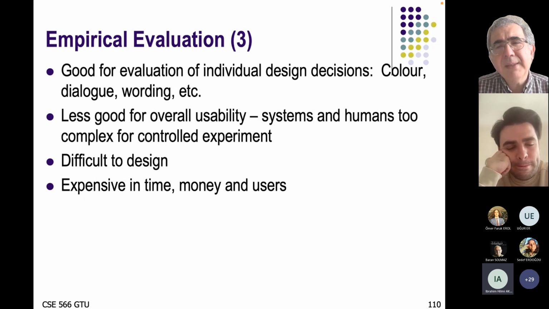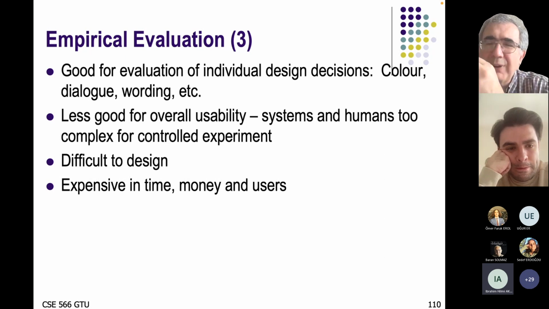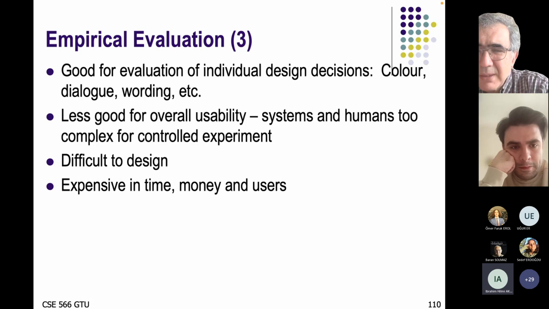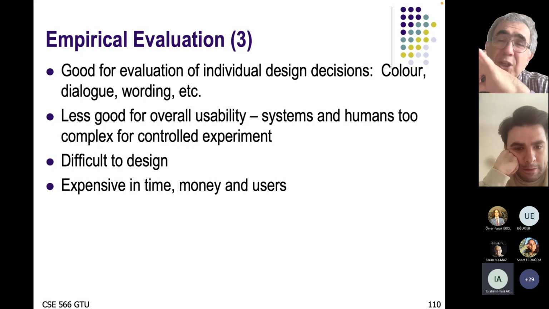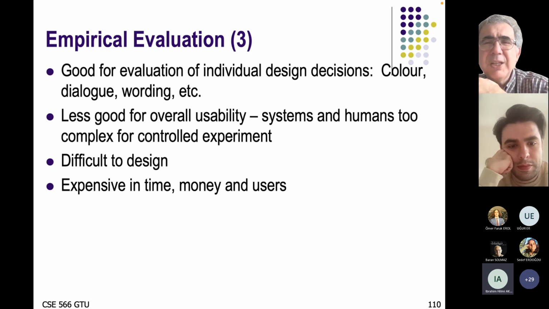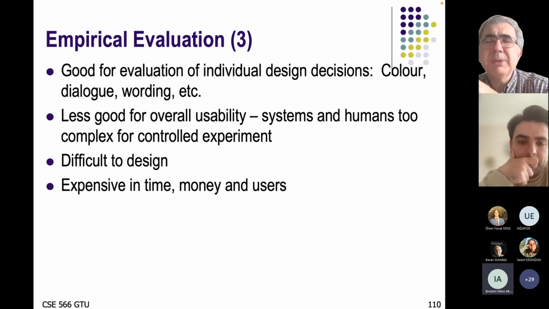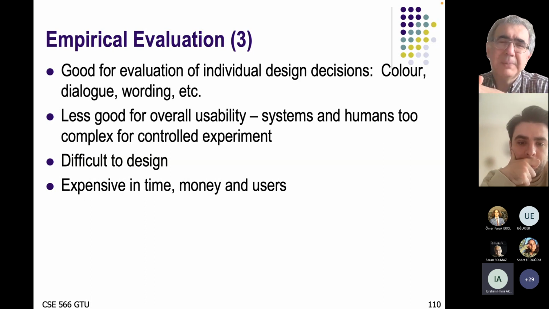So these A/B tests and empirical evaluations are good for individual design decisions. How should we proceed, direction A or direction B? What is the effect of the size of something? But general evaluation is very difficult with data collection and measurement because there are so many things.